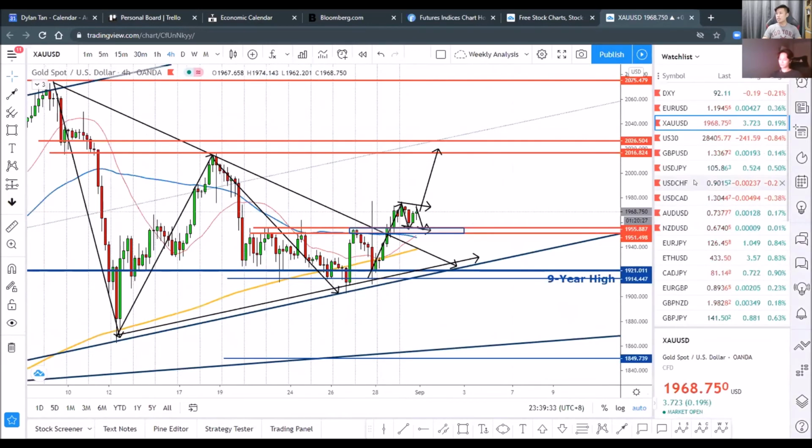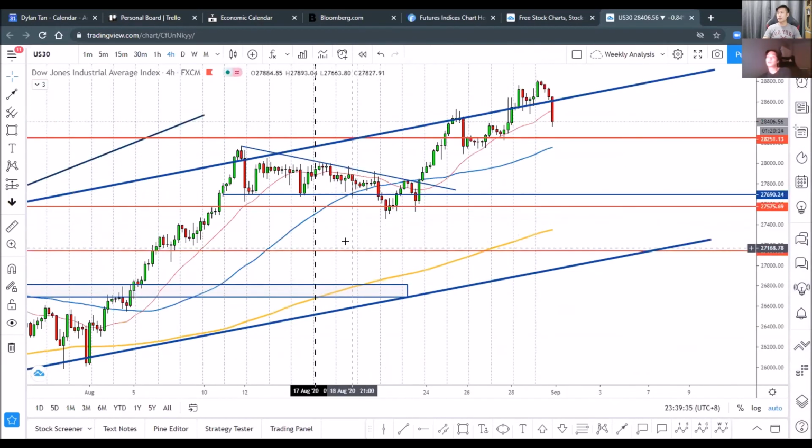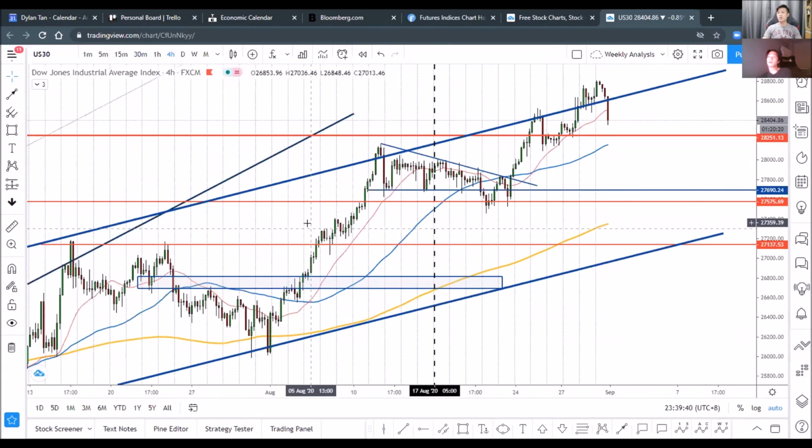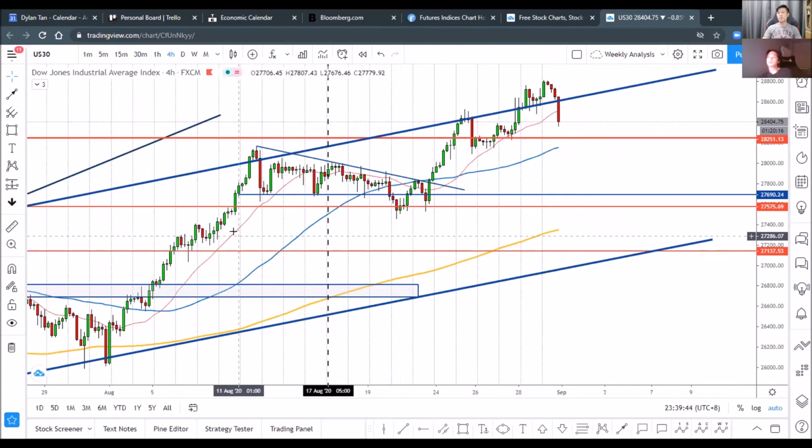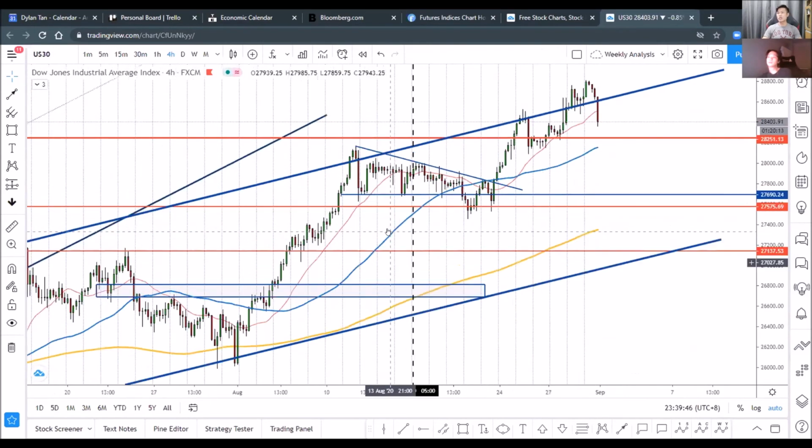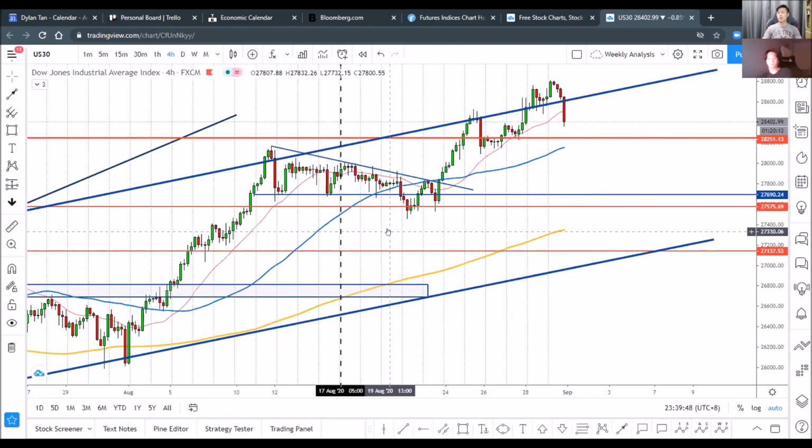Last but not least is the US 30, the Dow Jones. We have seen the Dow Jones, for some reason, just keep climbing. I know it's being inflated, it is not a reflection of the reality of the economic situation right now.